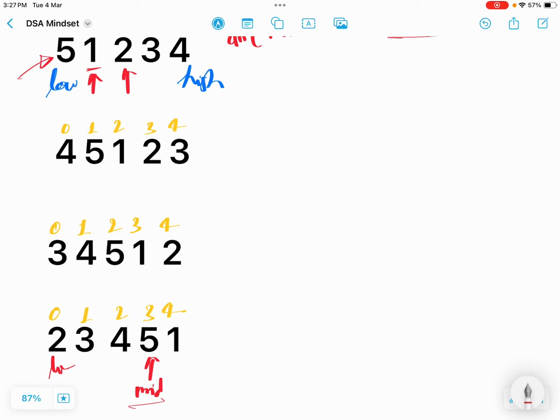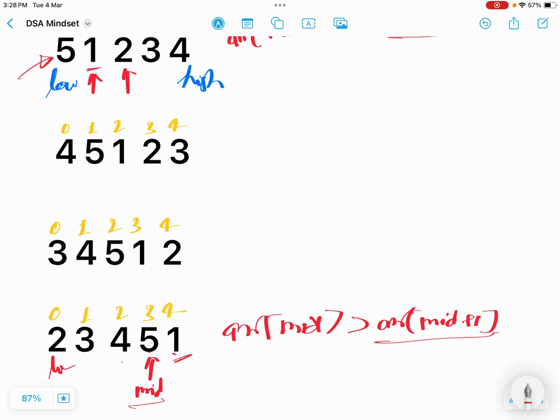But the thing is, let's suppose I'm trying to compare 5 with the next element or previous element. If this is higher, I can say that array at mid is higher than this one, meaning array at mid plus 1. If this is the case, we'll say that this is the right answer, so we'll return it.